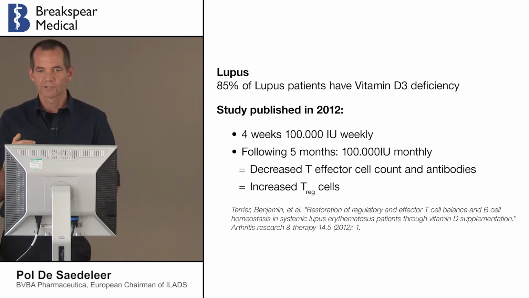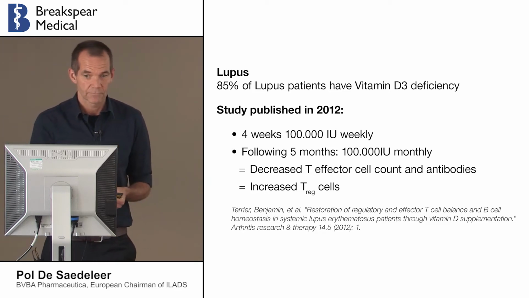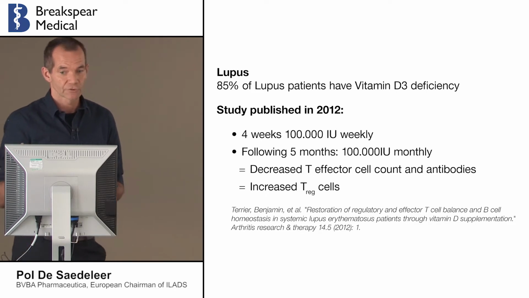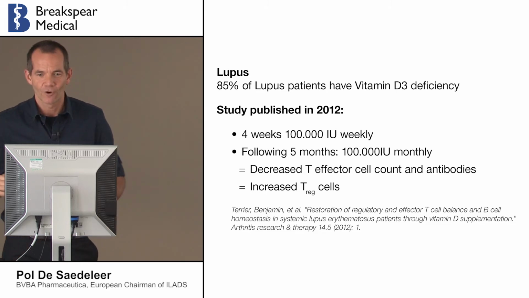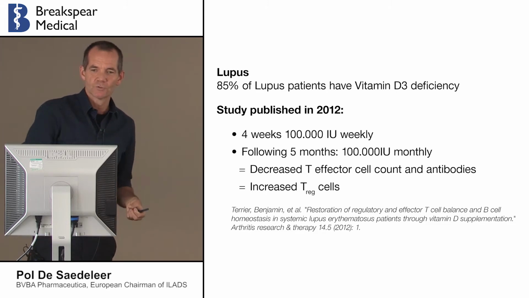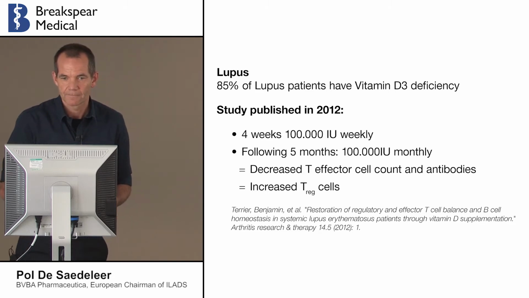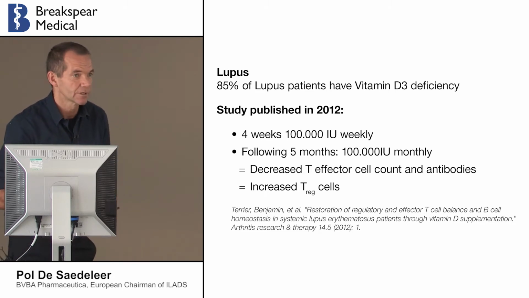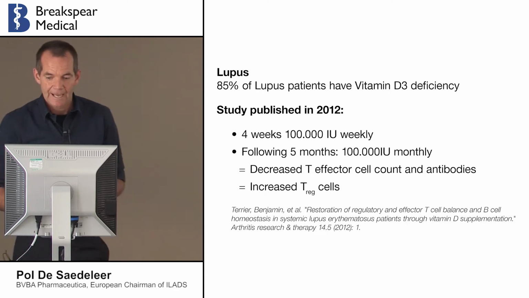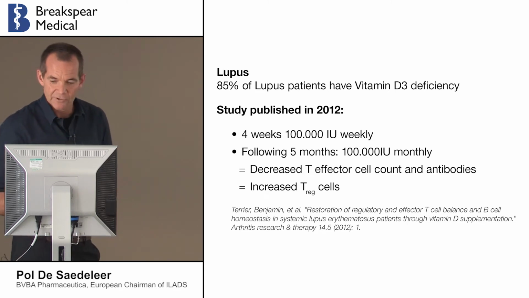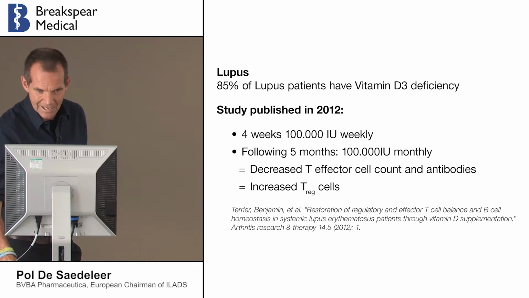Here we use 100,000 units a week in the first period, and then 100,000 units a month. What is, let's say, more probably acceptable for a lot of doctors than what we used in the MS study. And also we see a general improvement of all symptoms and an immune response that is better balanced.